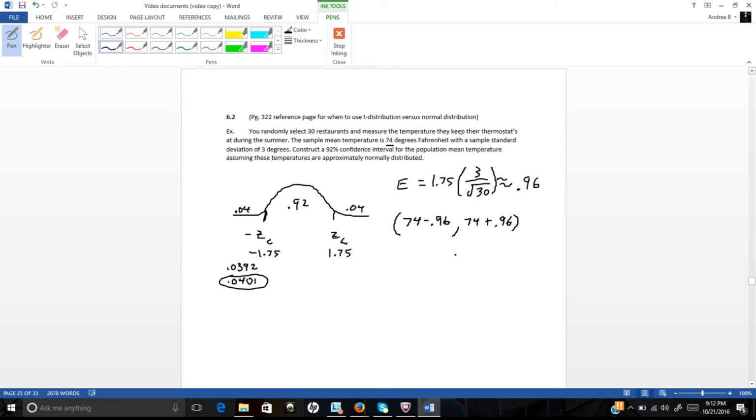So if we do that here, we have this value ranging from 73.04, which we get when we do 74 minus 0.96, and then if we do 74 plus 0.96, we get 74.96.